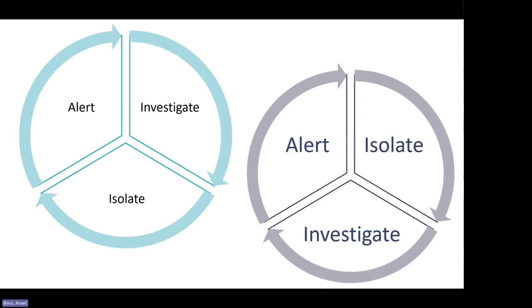Do you want to isolate a production system and then say, hey, it was a false positive, let's bring it back online? Or do you want to investigate and then find out it's too late for things to be remediated, and be working long hours, possibly millions of dollars, to get the systems back online? It's not a fun scenario.